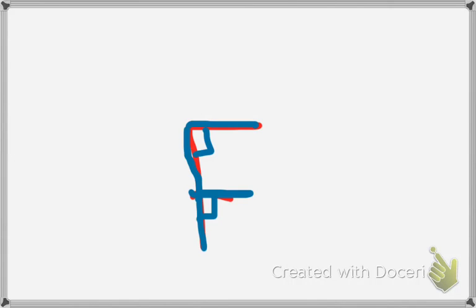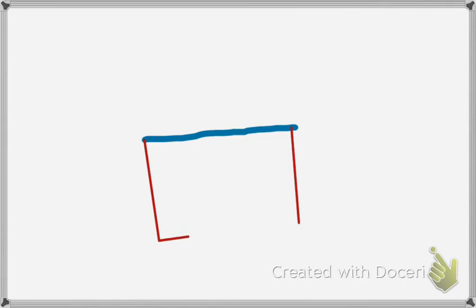Another example you can take, you can observe the postcard, the edges of the postcard. If you observe, this edge is making the 90-degree angle, and this edge is also making the 90-degree angle.